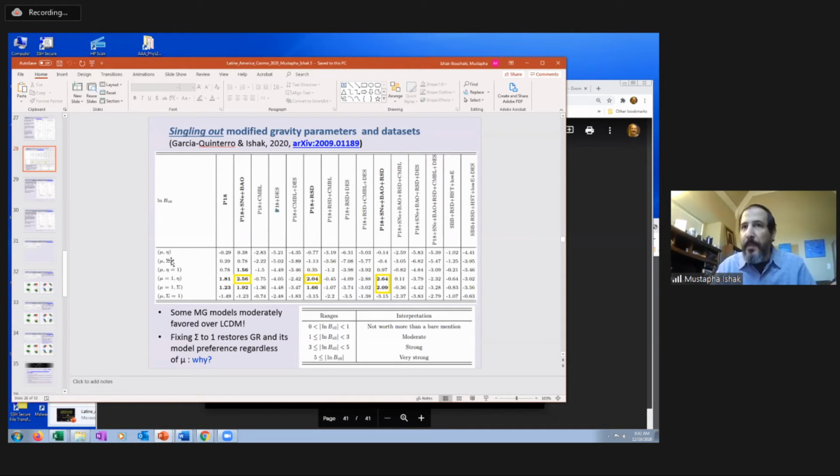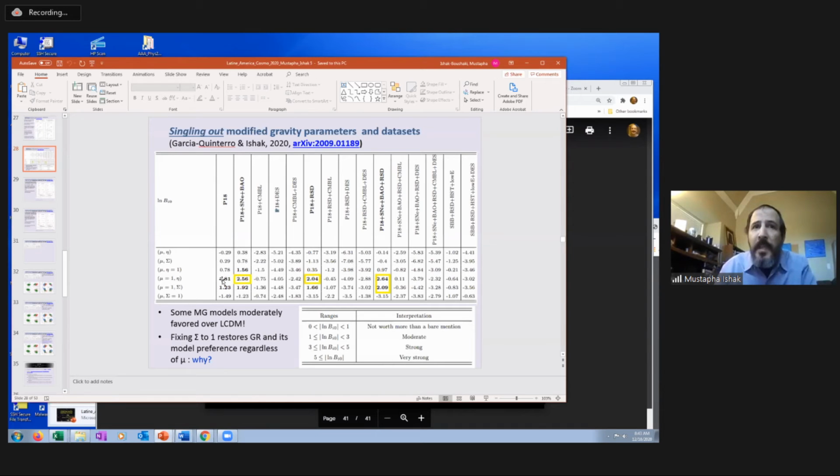We see about 3.4 or 3.5 sigma tension. However, consistently, lambda CDM is preferred by the Bayesian analysis in these 2 lines. And when we fix eta to 1, nothing happens consistently. However, when we fix mu and we let eta and sigma vary, we do have, and again, that's why it's a two-dimensional table, it's not only to look in this direction, but to look at what's happening in this direction as well.